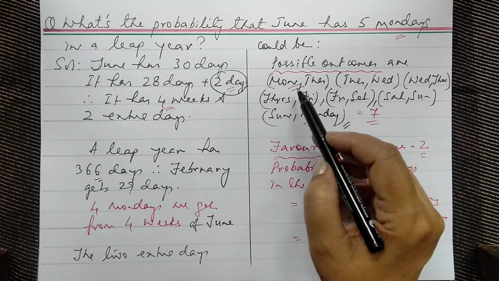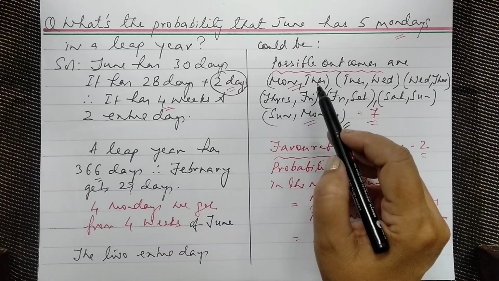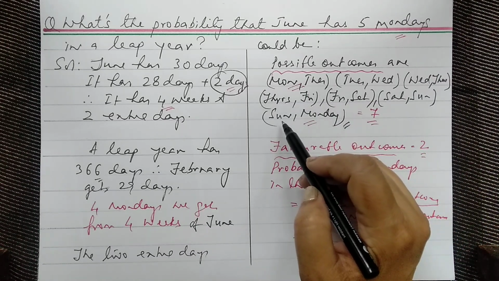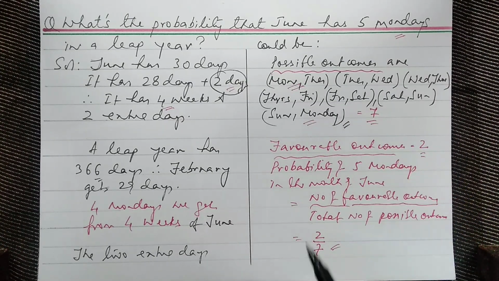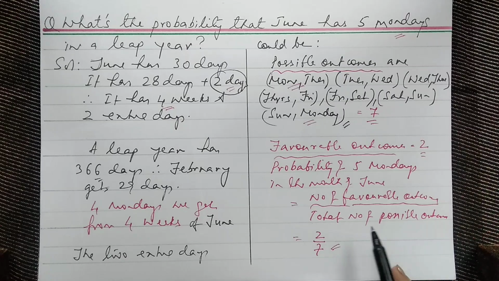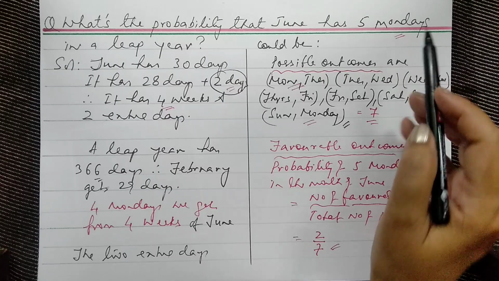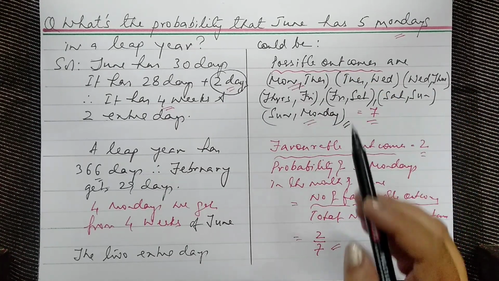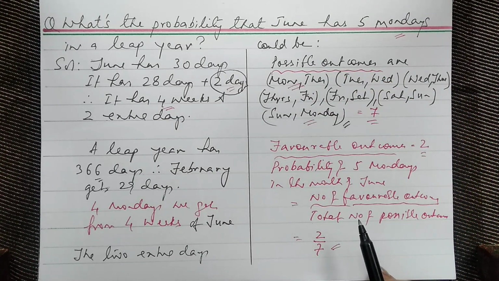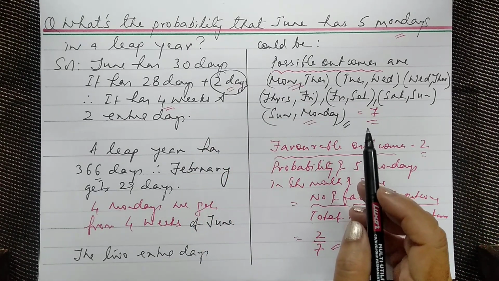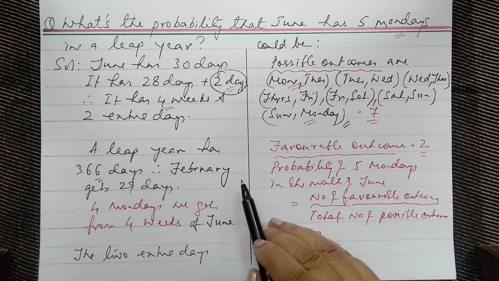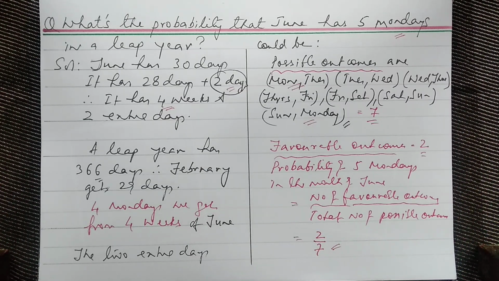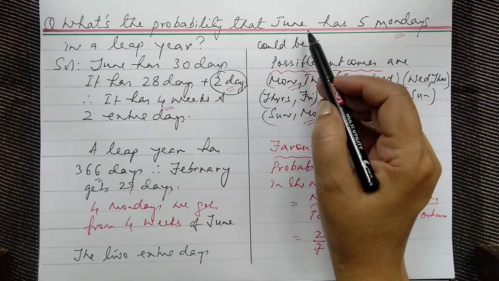So if those 2 days begin either with Monday and then Tuesday, or begin with Sunday and culminate into Monday, then we have 2 favorable outcomes, which means there is a possibility that 5 Mondays could be in the month of June. And why June? All those months which have 30 days. We are not focusing on February because it is out of focus, as February has 29 days. So don't get confused by seeing the months.